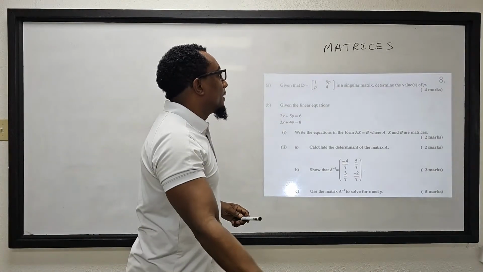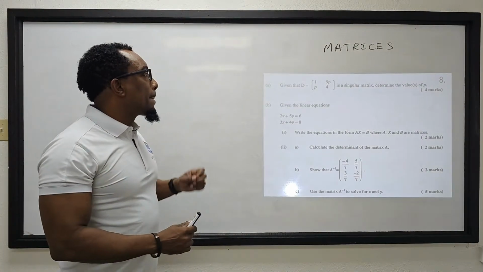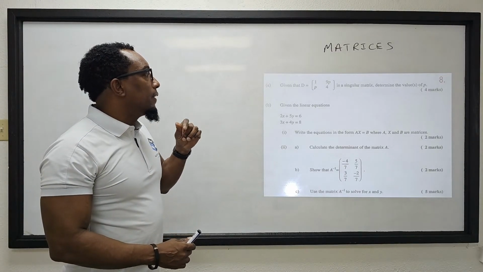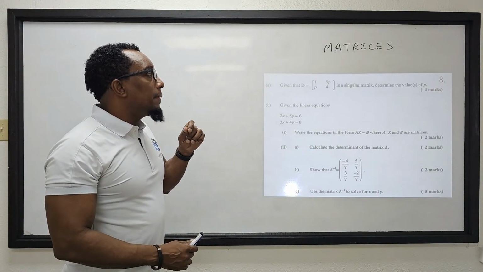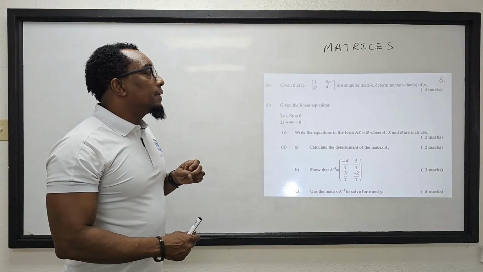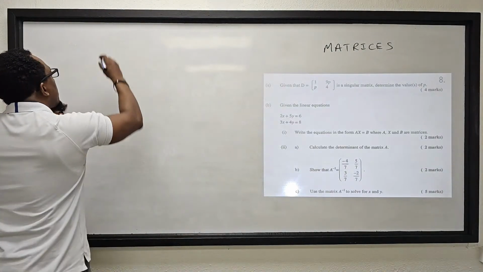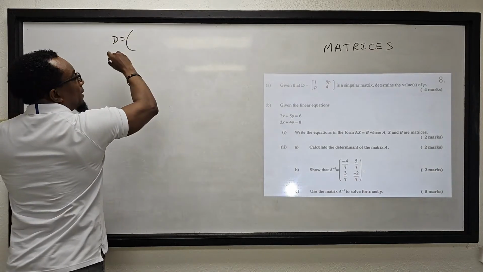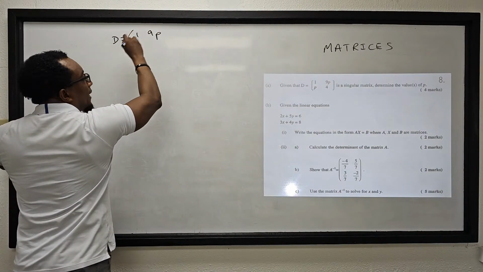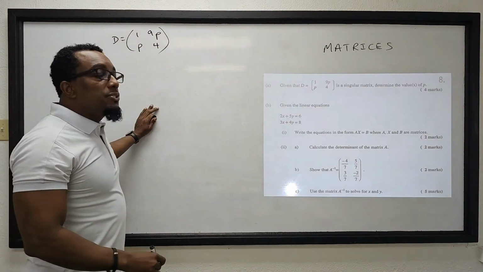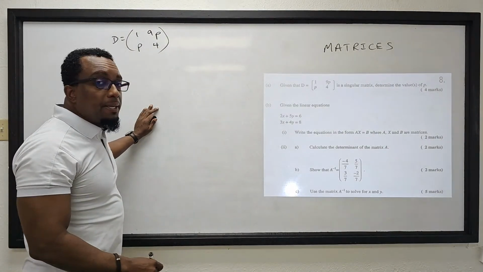Last question. Given D has elements 1, 9, P, 4 is a singular matrix, determine the value of P. So this matrix D, whose elements are 1, 9, P and 4, is a singular matrix. If it's a singular matrix, what do we know?